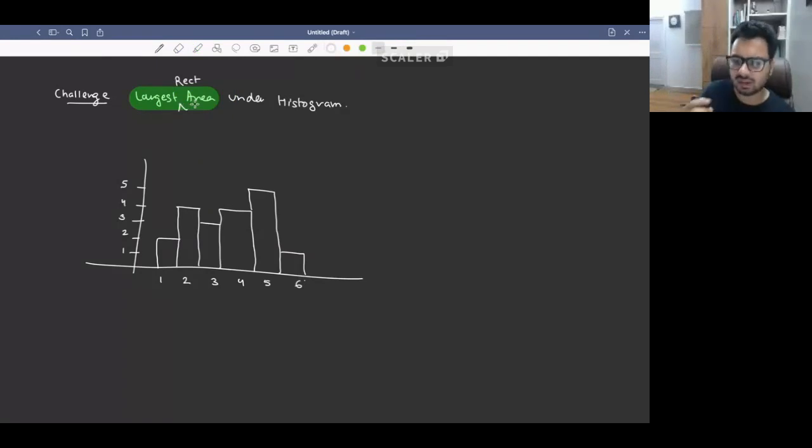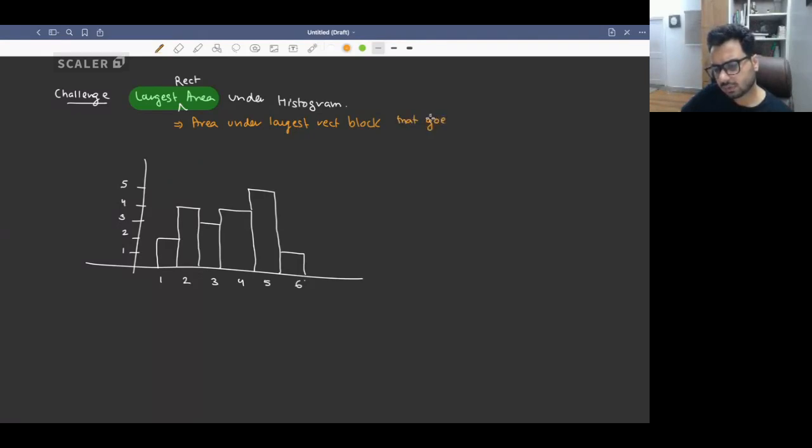Now, what does it really mean? It simply means that I want to find the area under the largest rectangular block that lies inside the histogram bars.